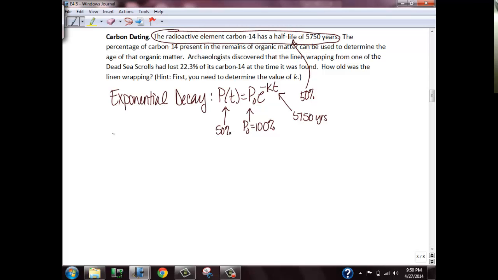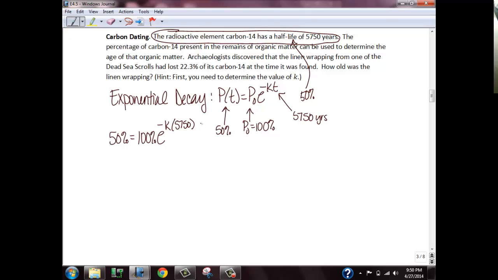So let's say my ending amount, 50%, is equal to my 100% of carbon that I started out with, e to the negative k, which we don't know what k is, times my time, which is 5750. Now, two things I'm going to do. One, I'm going to write my percentages as decimals.